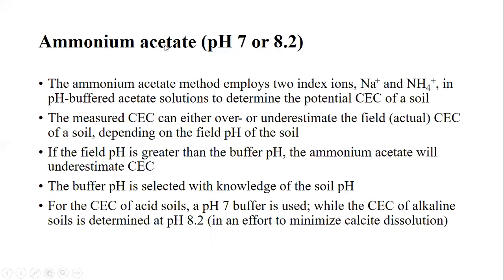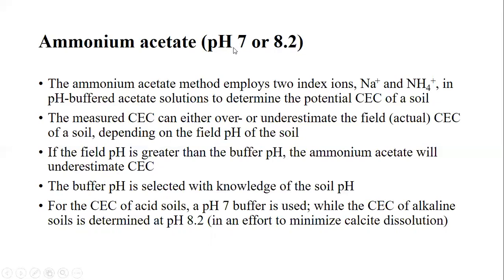That means if the soil has a pH of 8 and we used pH 7 buffer, this determination will give us a value which is lower than the real value. Underestimated will give us a lower value of the real CEC. Why? Because we know they are pH dependent charges.